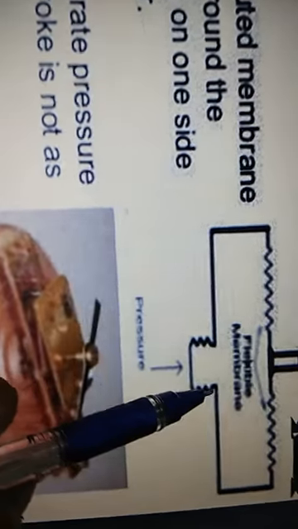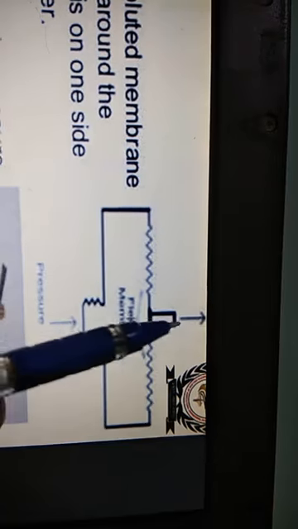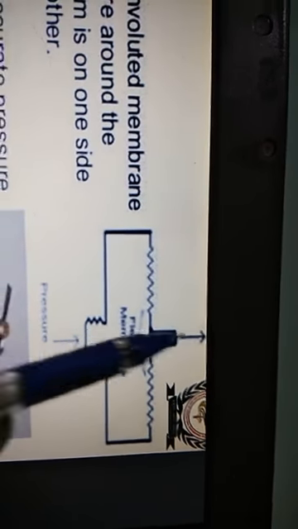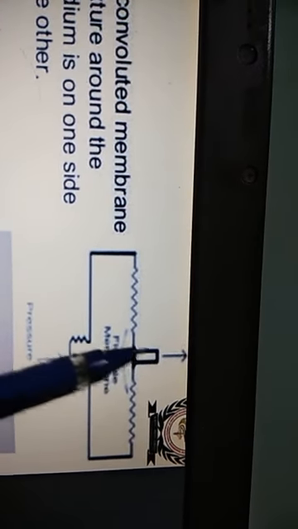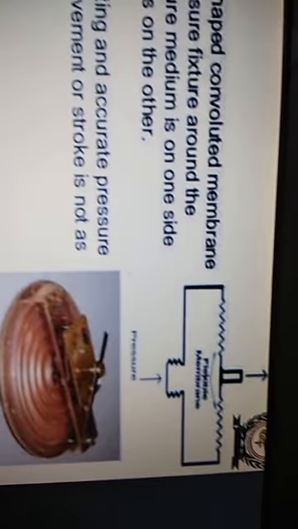This is the fixed membrane and the pressure inlet is here, and there is a movement of this diaphragm. With this movement, this header will change its position, and this displacement will be converted into pressure.